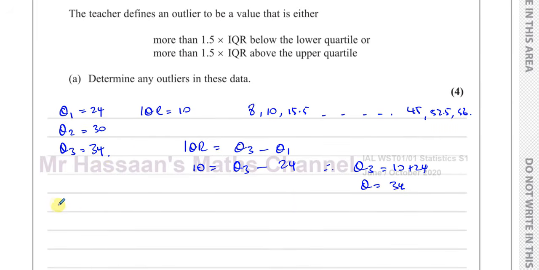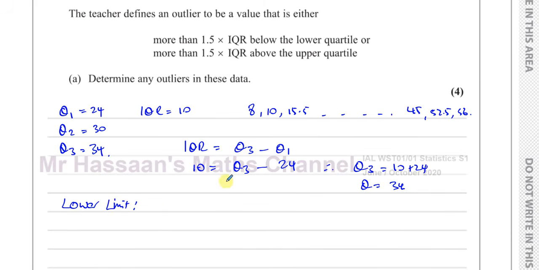Now, let's look at the lower limit for the outliers first.